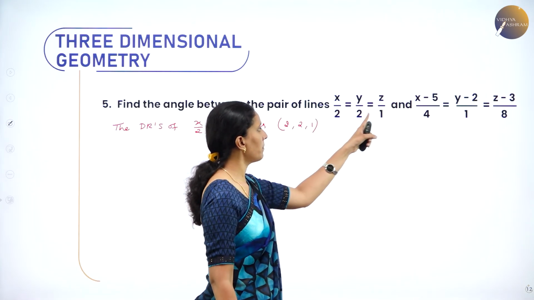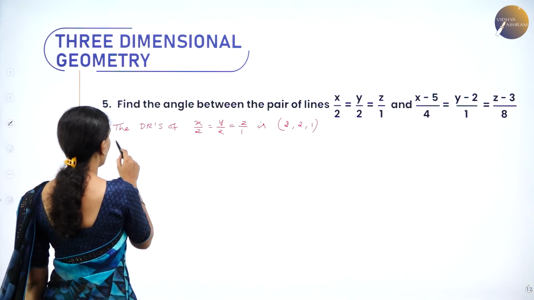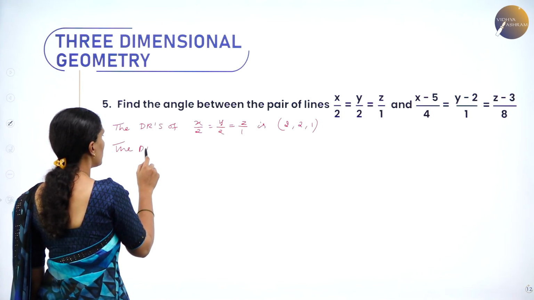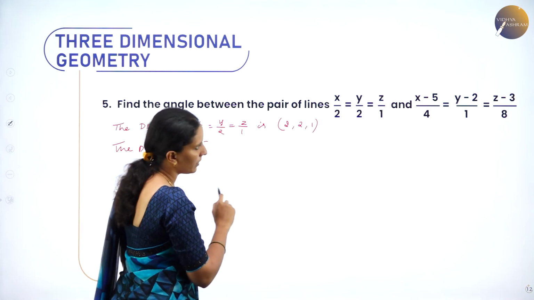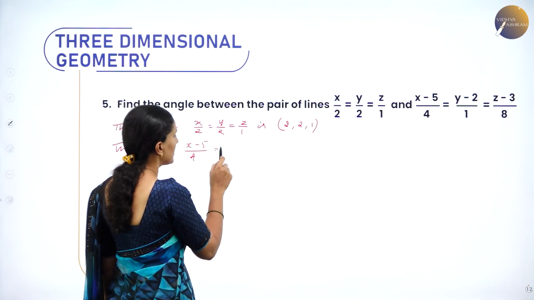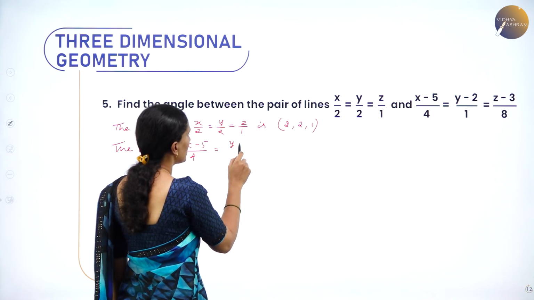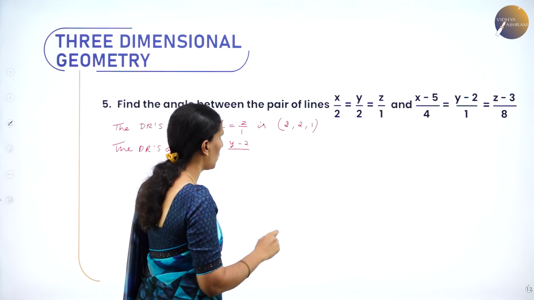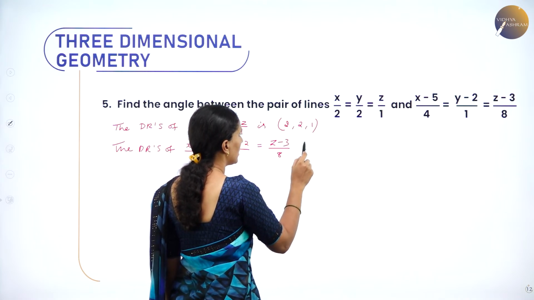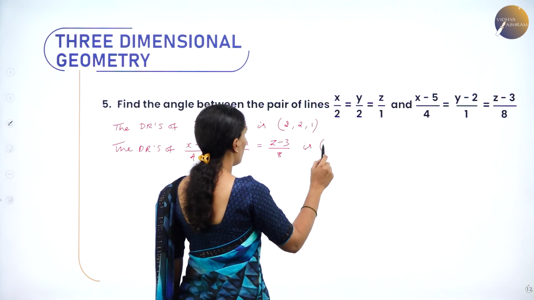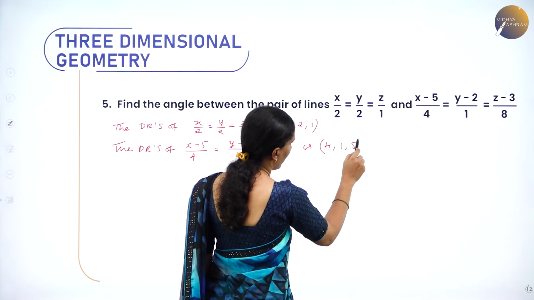So, this is your A, B, C, which are direction ratios. Next, the direction ratios of x minus 5 by 4 is equal to y minus 2 by 1 is equal to z minus 3 by 8 are 4, 1, 8.